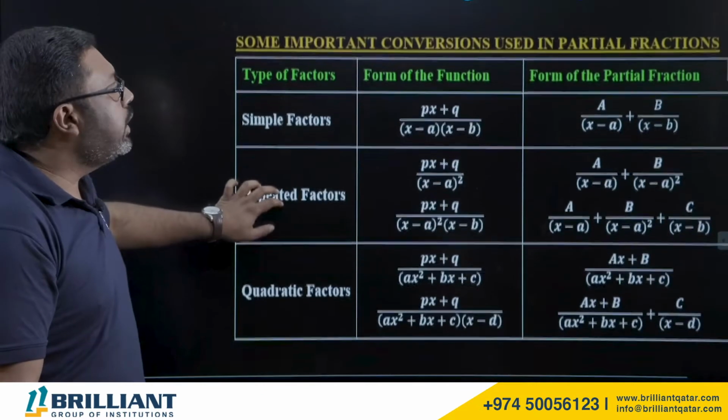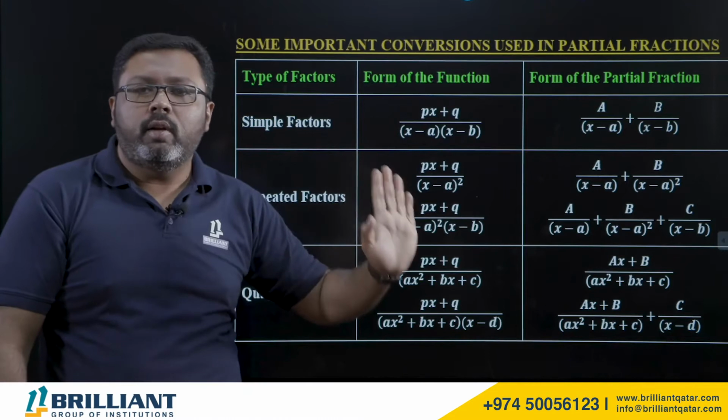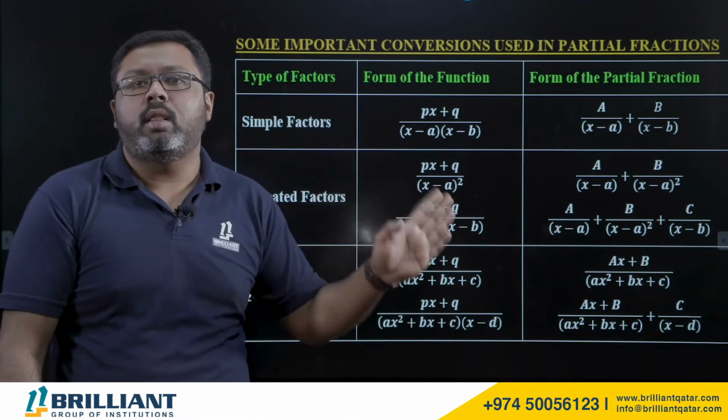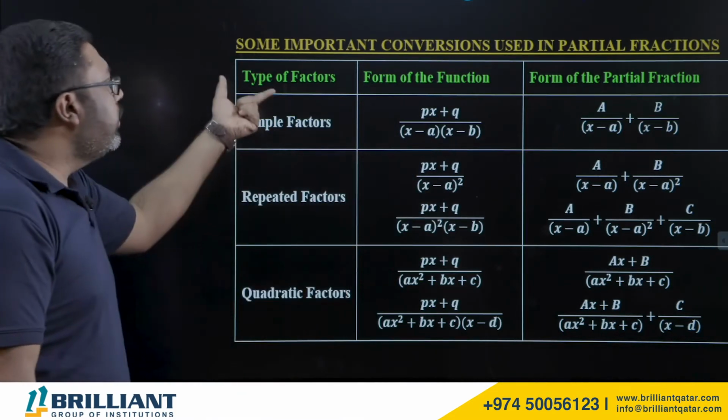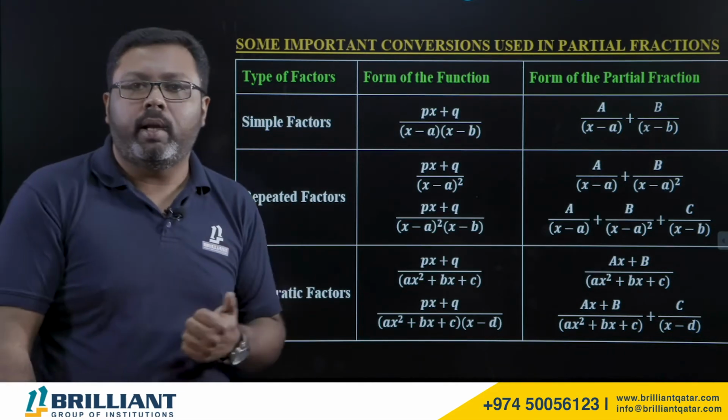So we have to learn these important conversions if you want to use the method of partial fraction. So the conversions are based on what are the factors that they give in the denominator.